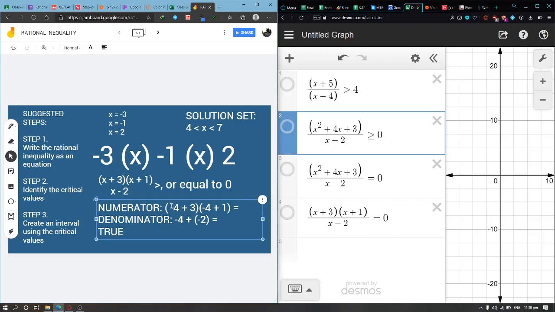Negative 4 plus 3 is equal to negative 1 multiply by ano to? Negative 4 plus 1 is equal to negative 3. So negative 1 multiply by negative 3 is equal to positive 3. Yan.